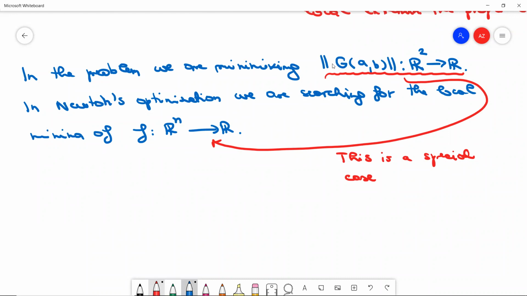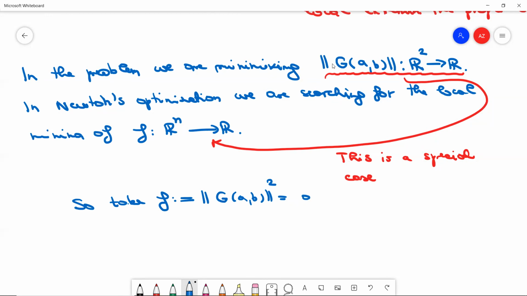So what we do then is, we take F to be equal to norm of G. This is just a square root, and we can square everything so that we get rid of square roots.